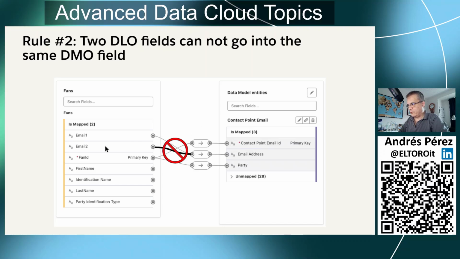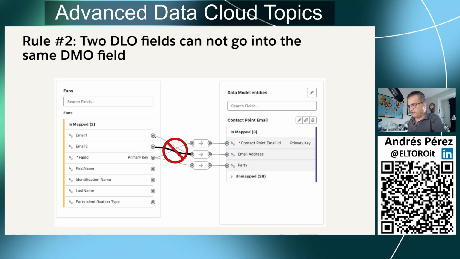So then, another thing that you may think that you can do is take email one and put it on this field, and take email two and put it on the same field. But you can't really do that.